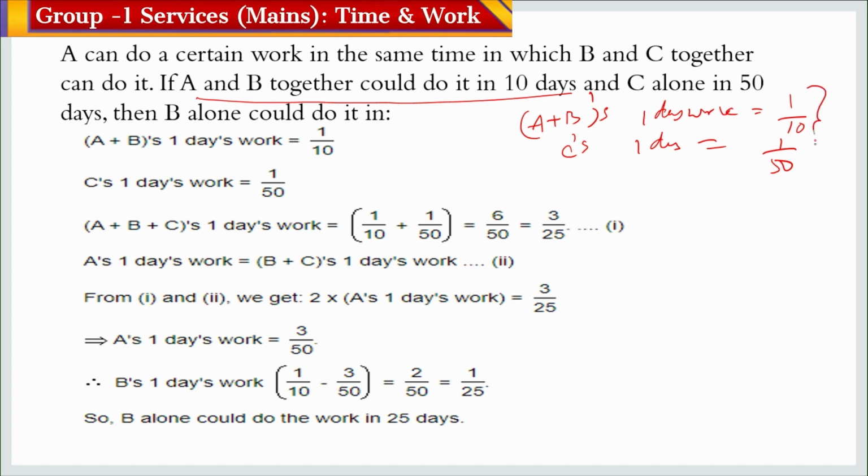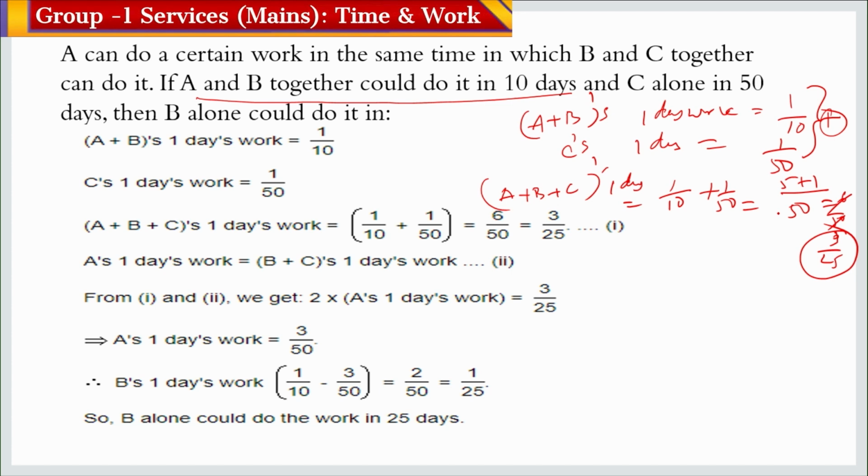So when you add these two, A plus B plus C's 1 day work is 1/10 plus 1/50. LCM is 50 as you know, that is 5 plus 1, it is 6/50 or 3/25. Correct? 3/25. This is A plus B plus C 1 day work.